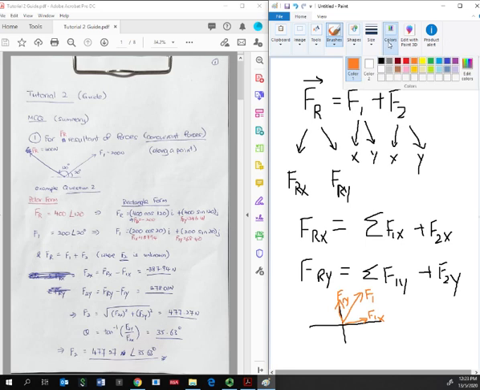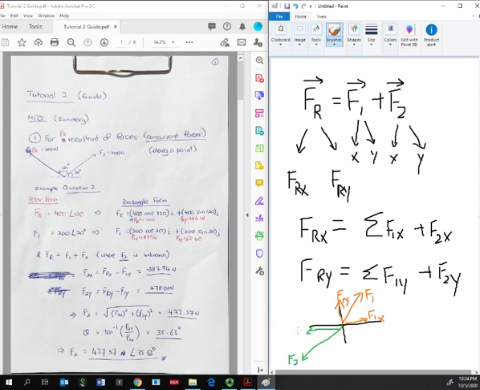If I have another force this way, let's say F2, then I have F2x and F2y.